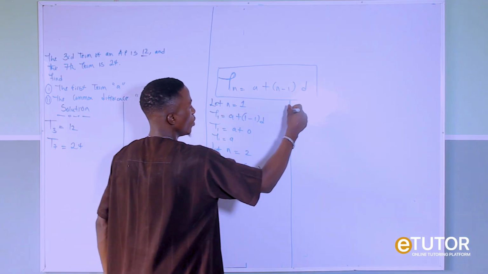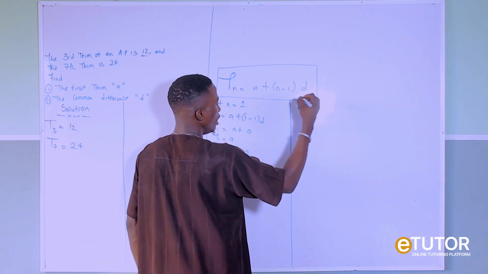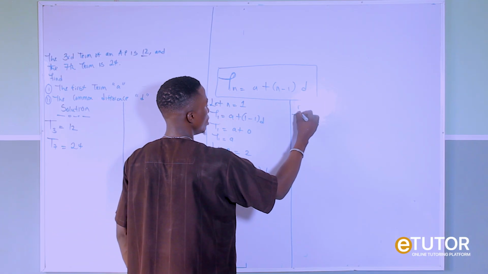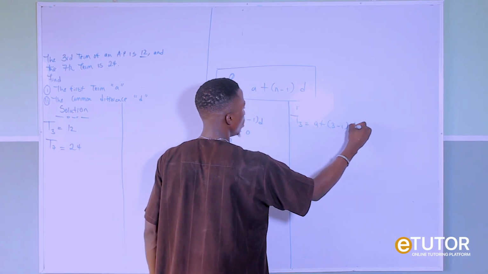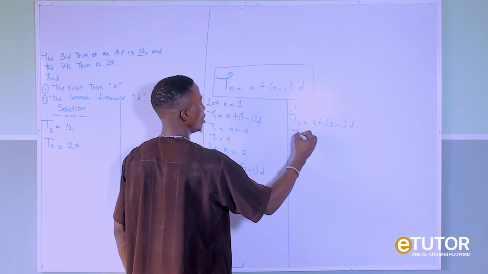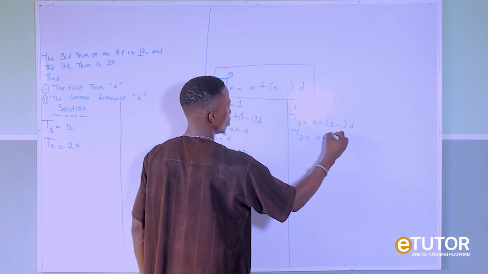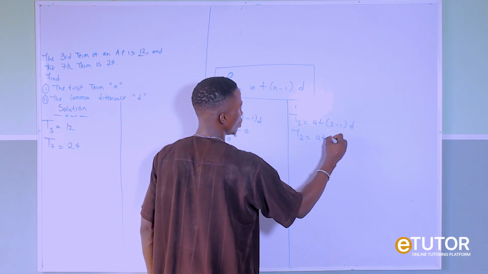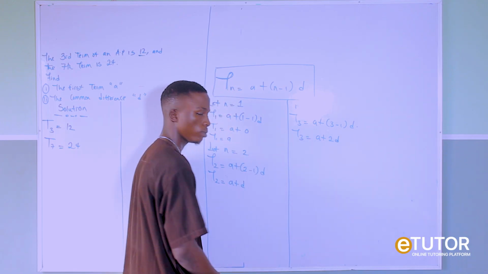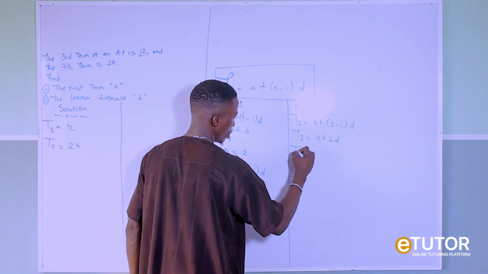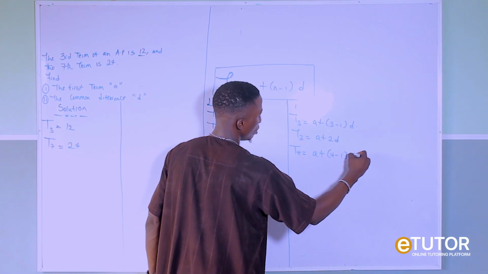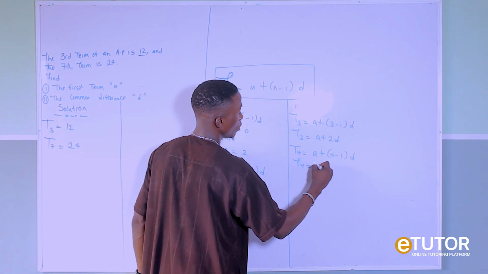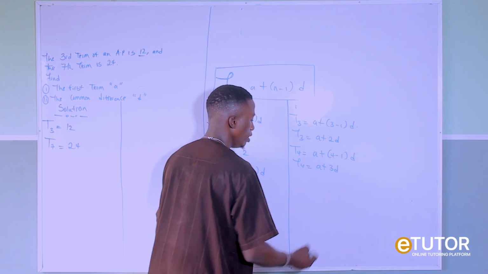Now let us say n equals 3. We have T3 equals a plus (3 minus 1) d. 3 minus 1 gives 2, times d gives 2d. So T4 equals a plus (4 minus 1) d, so T4 equals a plus 3d.